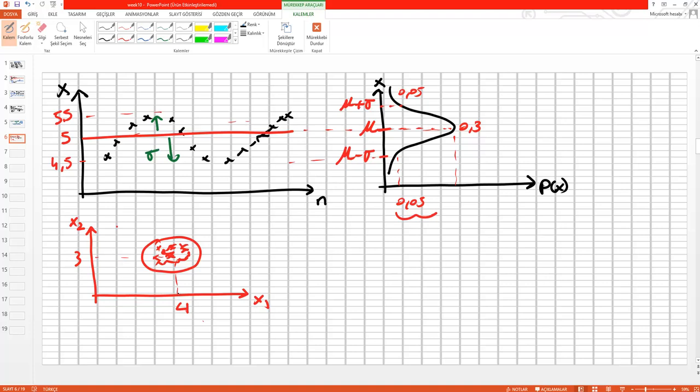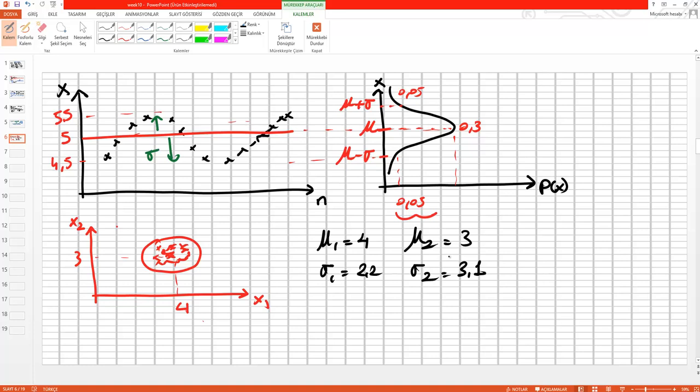Two probability density functions are given in here, because we have the x1 distribution and we have the x2 distribution. Okay, and so mu1 is equal to 4, mu2 is equal to 3, and sigma1 maybe 2.2, sigma2 equal to 3.1.